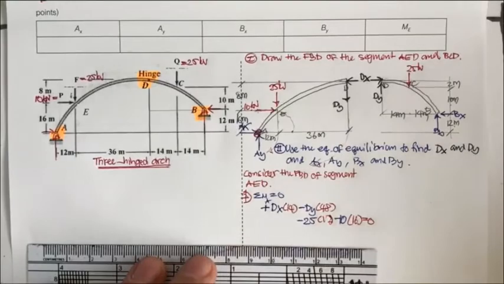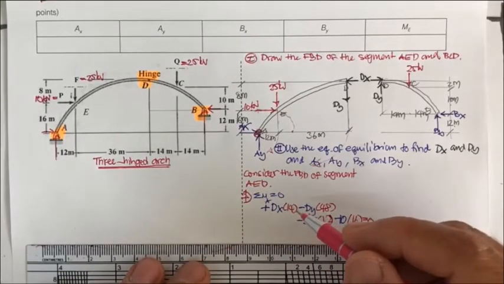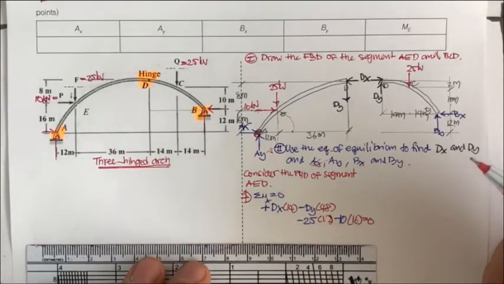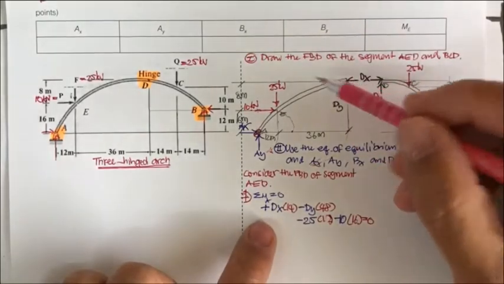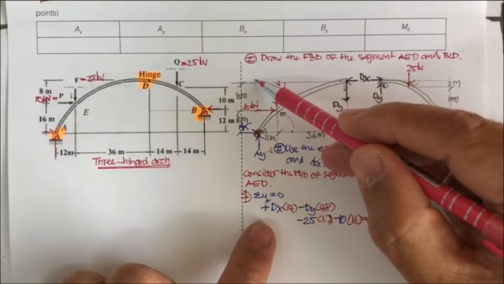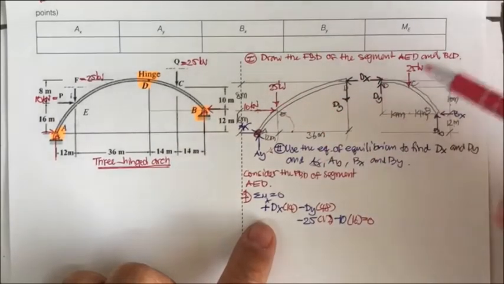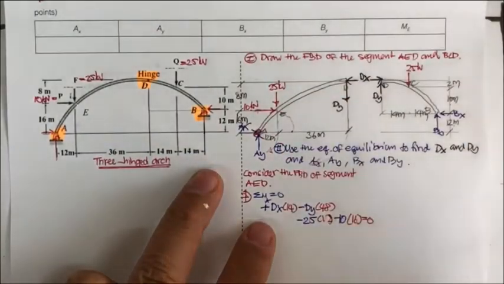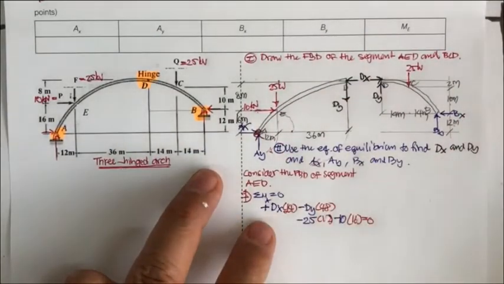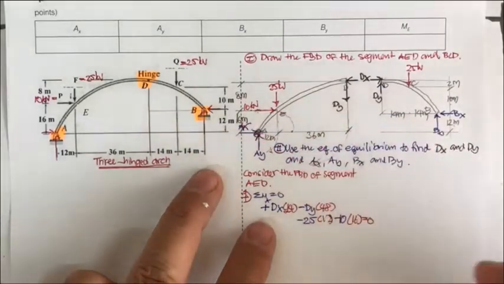Okay, and then if you write it clearer, you will get D sub x times 14. And no, it's not 14, it's going to be 24, sorry. That's 24. This is also 24.